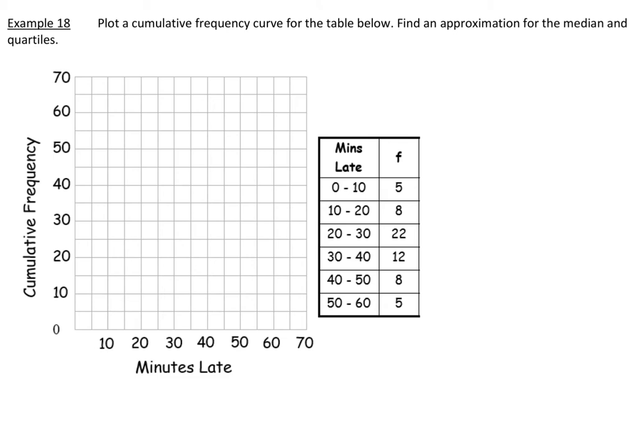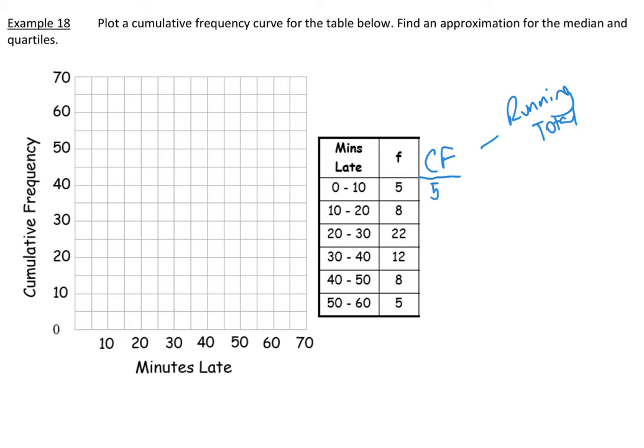Example 18: plot a cumulative frequency curve for the table below. Find an approximation for the median and the quartiles. We need to work out the cumulative frequency values, which is our running total. Up to 10 there's a total of 5.